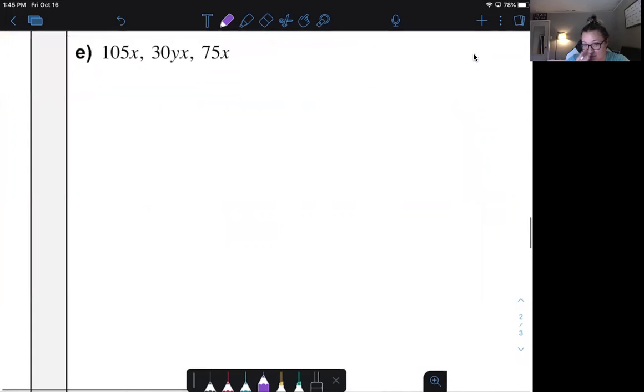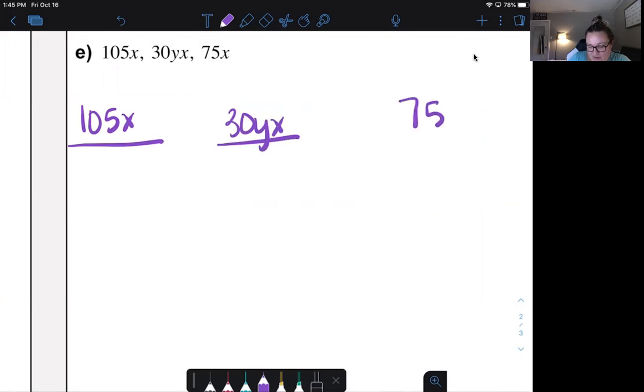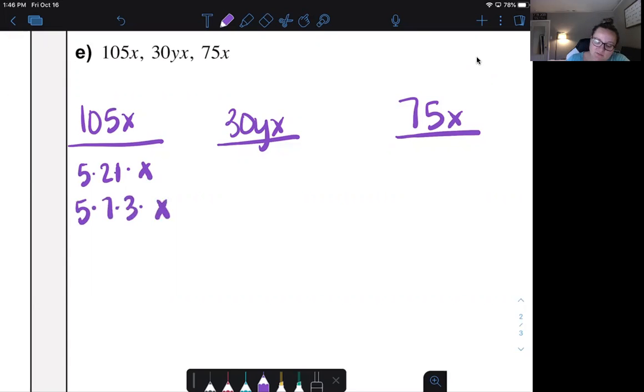Now we're going to do the same thing, but for 3 terms instead of just 2. So we're going to do 105x, 30yx, and 75x. 105x can be broken down to 5 times 21 times x. 21 is 7 times 3, so 5 times 7 times 3 times x.